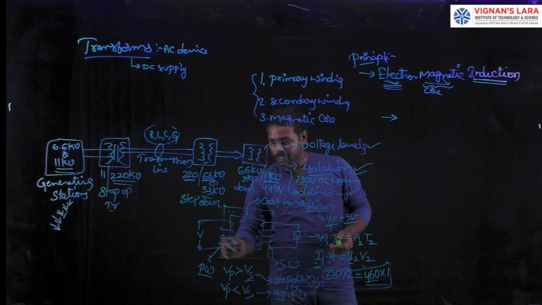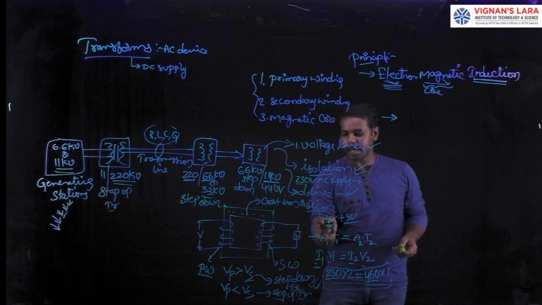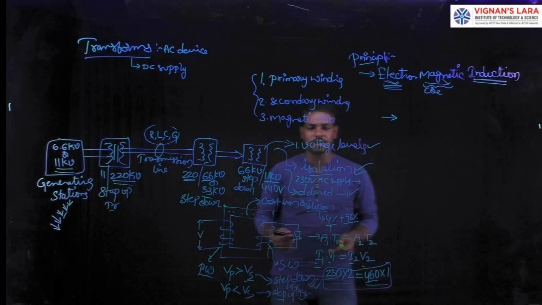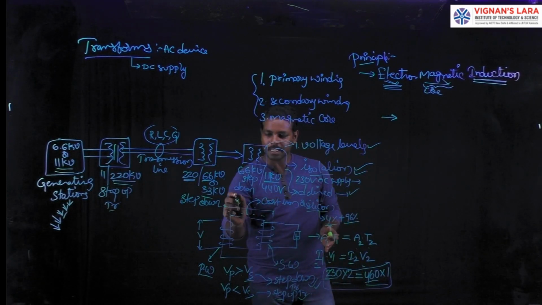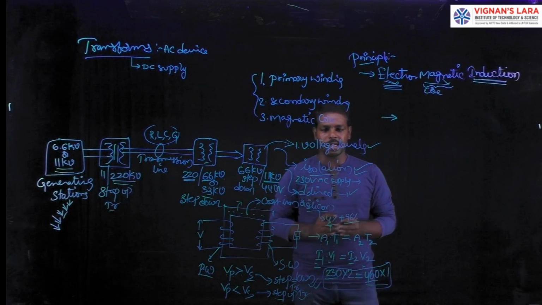That path is provided by a magnetic core, which is made up of silicon steel laminations. Why are we using silicon steel laminations? Because a magnetic core always exhibits two types of losses: hysteresis loss and eddy current loss.